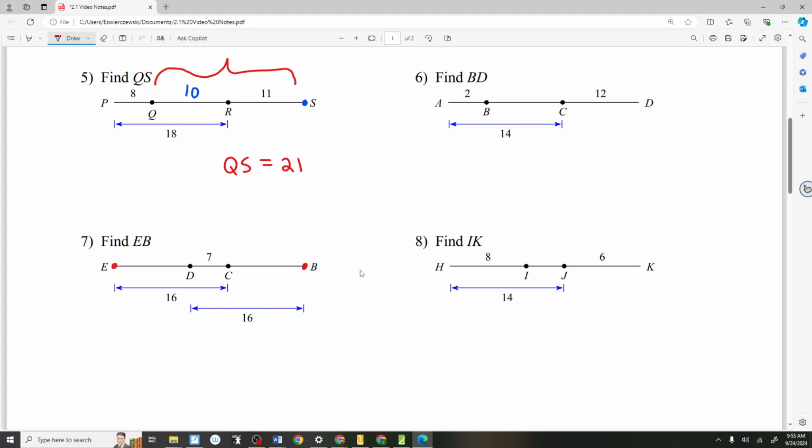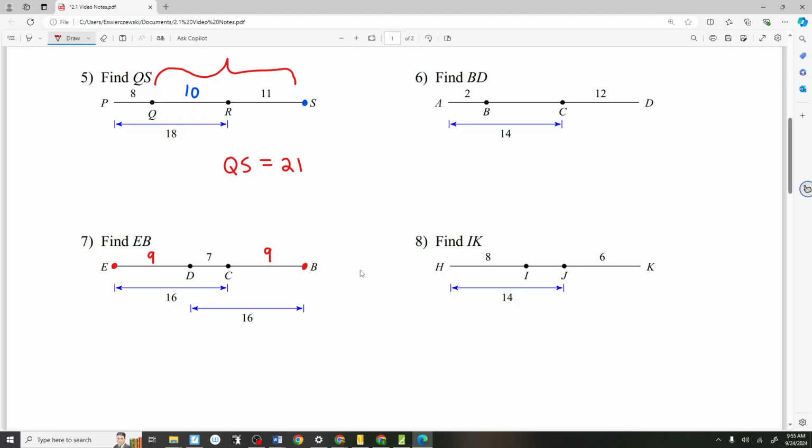So let's see here. It wants me to find EB, the total distance. If this is 7 and this distance is 16, well then ED is going to be 16 minus 7, which would be 9. And very similar, DB is 16, DC is 7, so this distance CB is 16 minus 7, which is again 9.